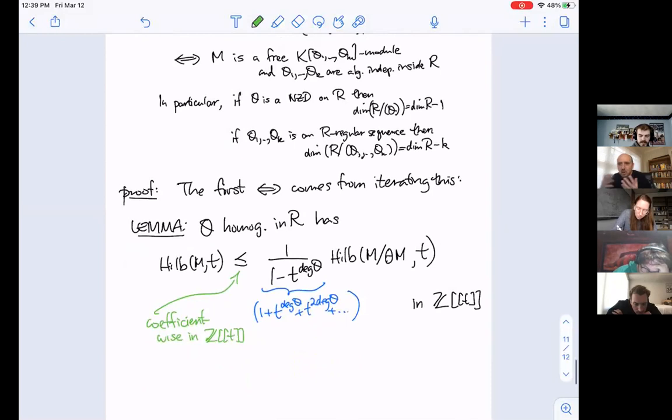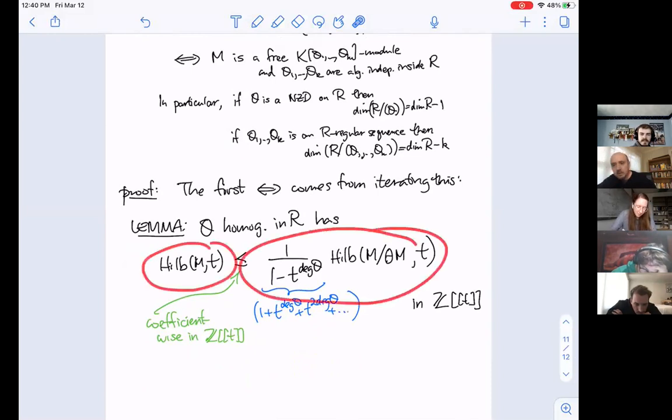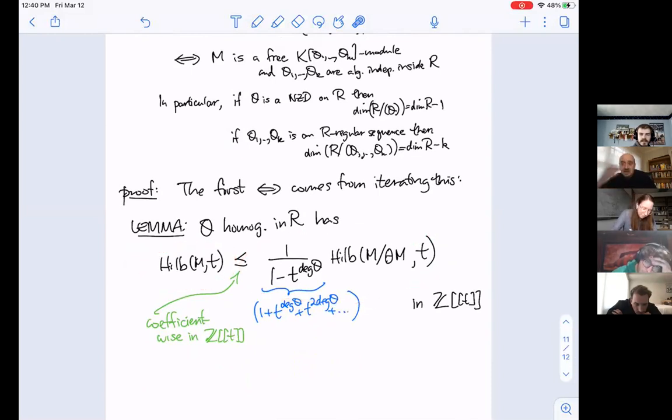So what is this partial order that I'm talking about, this less than or equal to? If you want, I could make it a curly less than or equal to, but let me not do that. What I'm saying is you take, for example, this power series minus the one that you see on the right, and its coefficients are all non-negative. Take the difference between the right side and the left side. This one minus this one is a power series with non-negative coefficients.